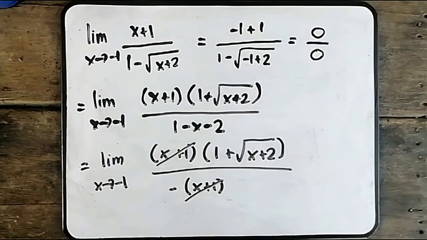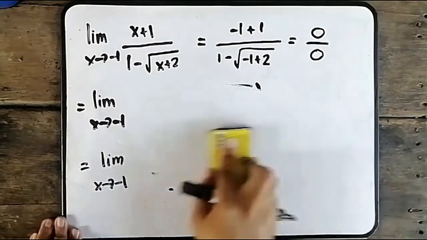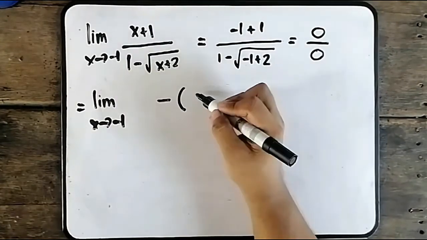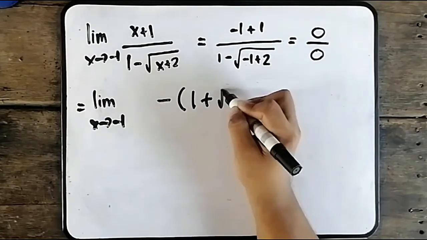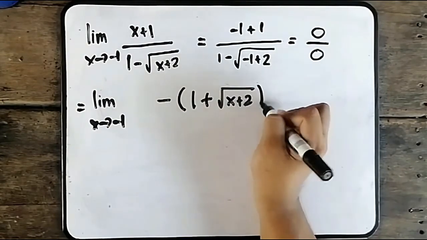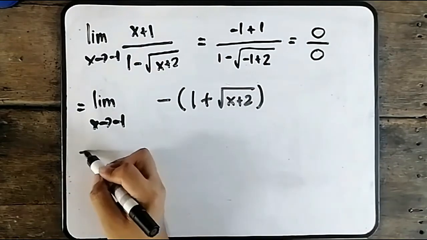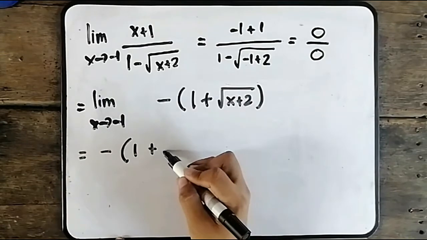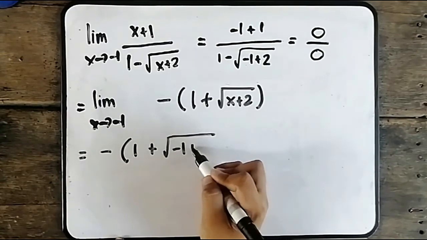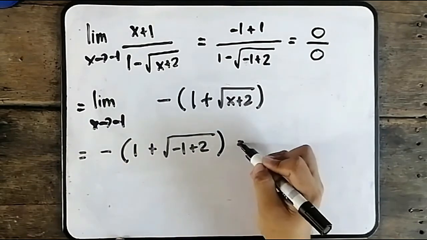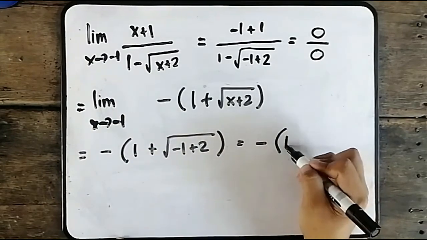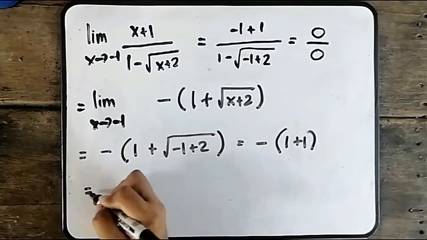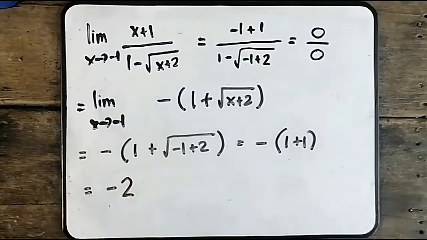Which leaves us with the negative of 1 plus the square root of x plus 2. Then, by direct substitution, that is the negative of 1 plus the square root of negative 1 plus 2. So, this becomes the negative of 1 plus 1. So, the answer is negative 2.